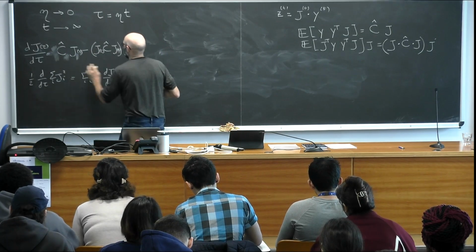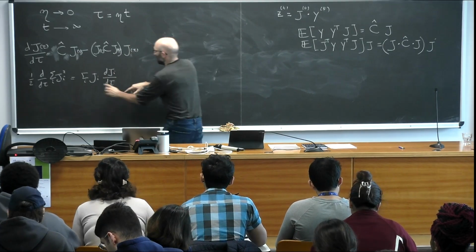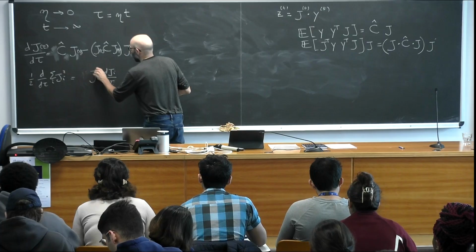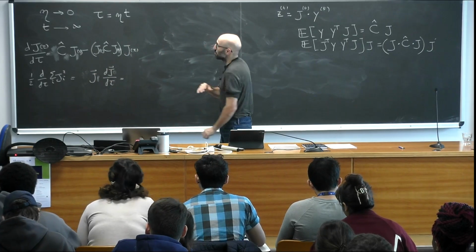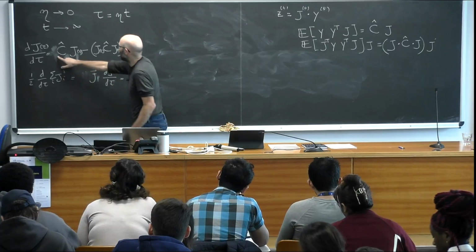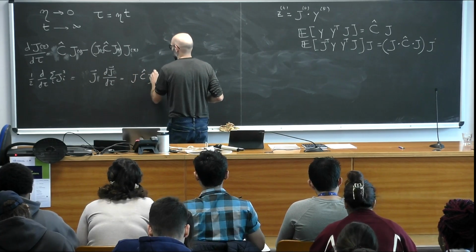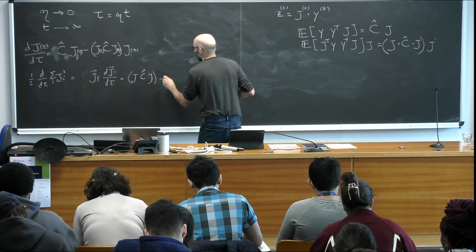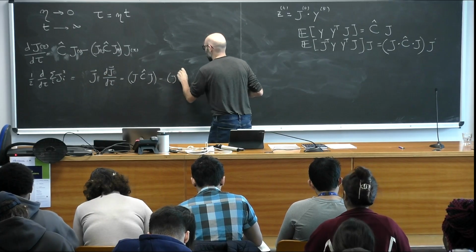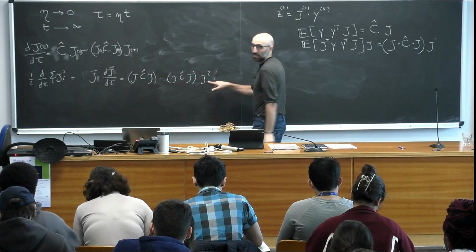This is the scalar product of j with dj over dt. And so you see that here we get j c hat j, which is a number, minus the same number, times j square, right?